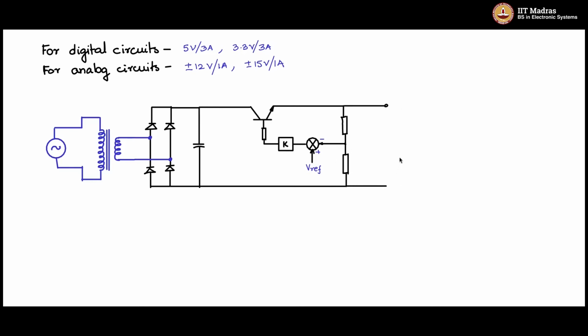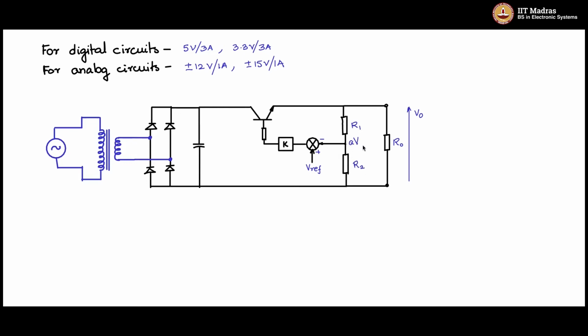The actual load is now connected across this. So this will be the electronic load, the electronic circuits that will be powered by this linear regulator. So right now I will replace this electronic load by a resistive load, and that is R0 and V0 here. So that is V0, and you have R1 and R2 here.